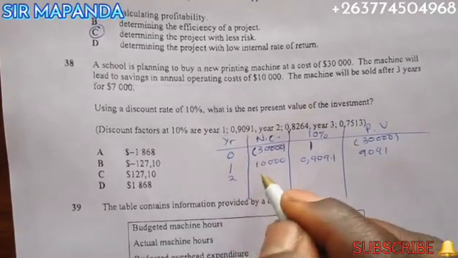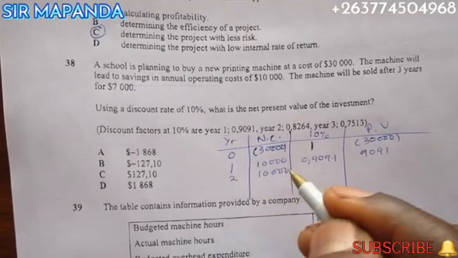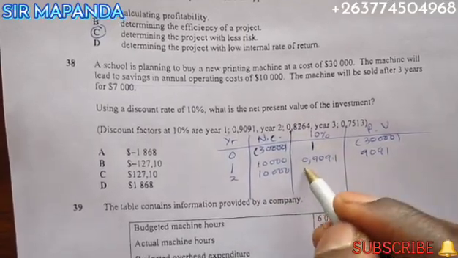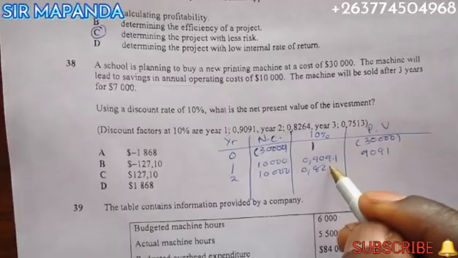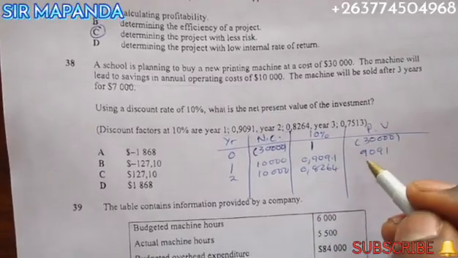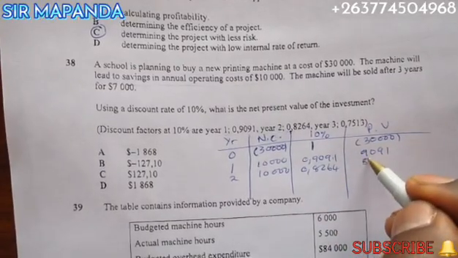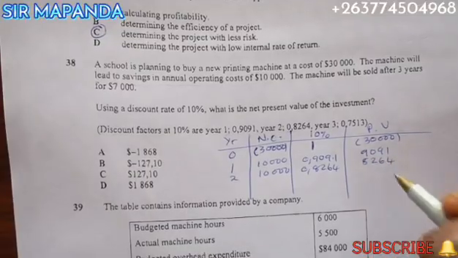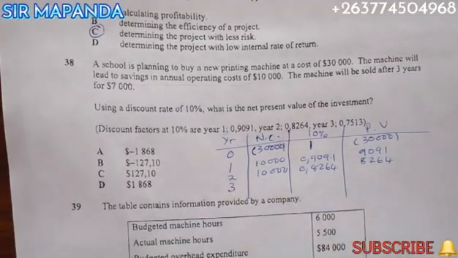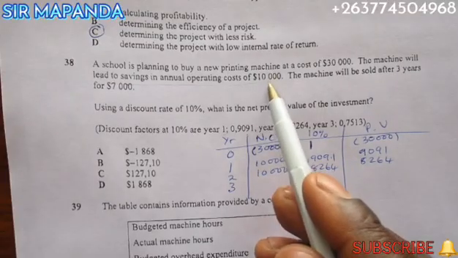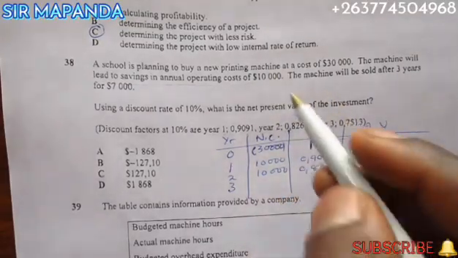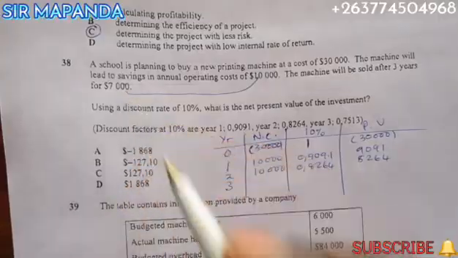Then you move on to year number 2, another saving of 10,000 to be multiplied by 0.8264. You get 8264.